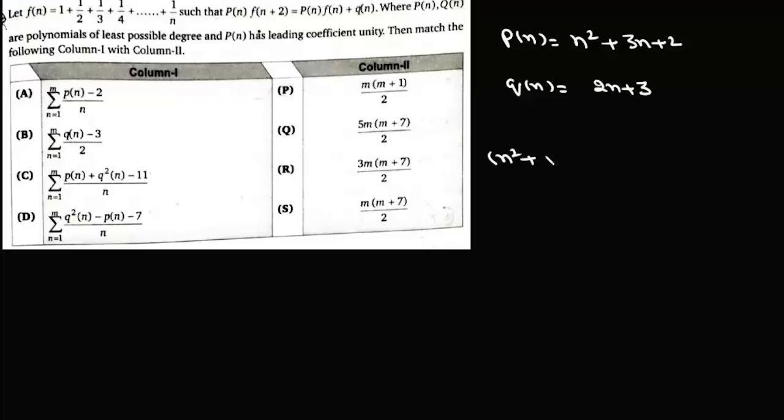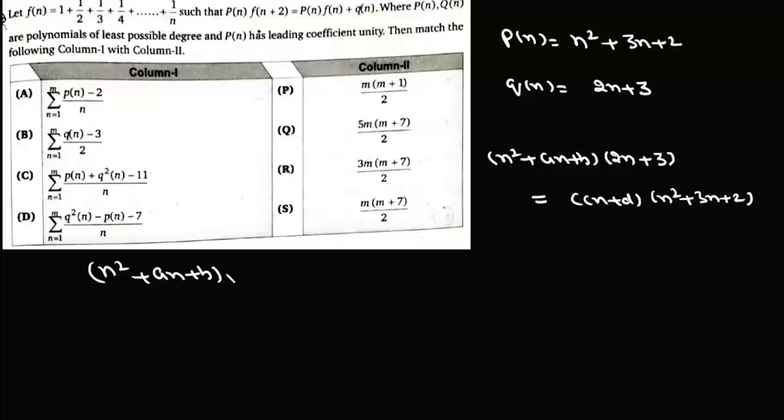A simpler way to solve this question would have been if we would have considered n square plus an plus b into 2n plus 3, and it is equal to cn plus d into n square plus 3n plus 2. Now we can rewrite this as n square plus an plus b into 2n plus 3, and this is cn plus d, and it is n plus 1 into n plus 2.